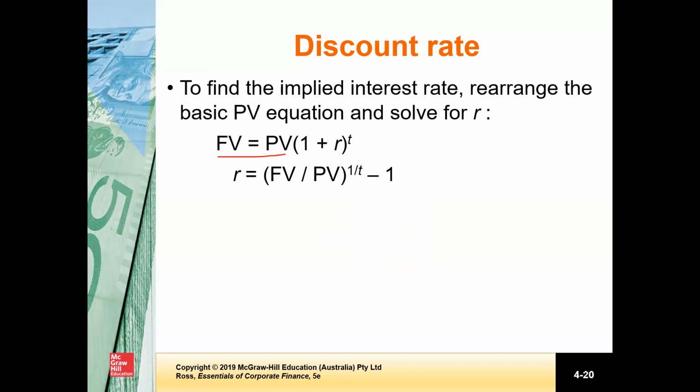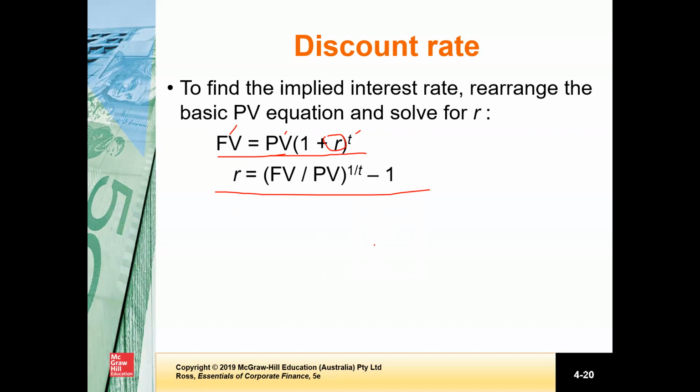As far as the discount rate is concerned, we frequently need to determine what discount rate is implicit in an investment, right? So for example, if this is our future value equation, if we know the future values and present values and the time period, and we want to know what the discount rate is, we can simply find it out by rearranging this equation.